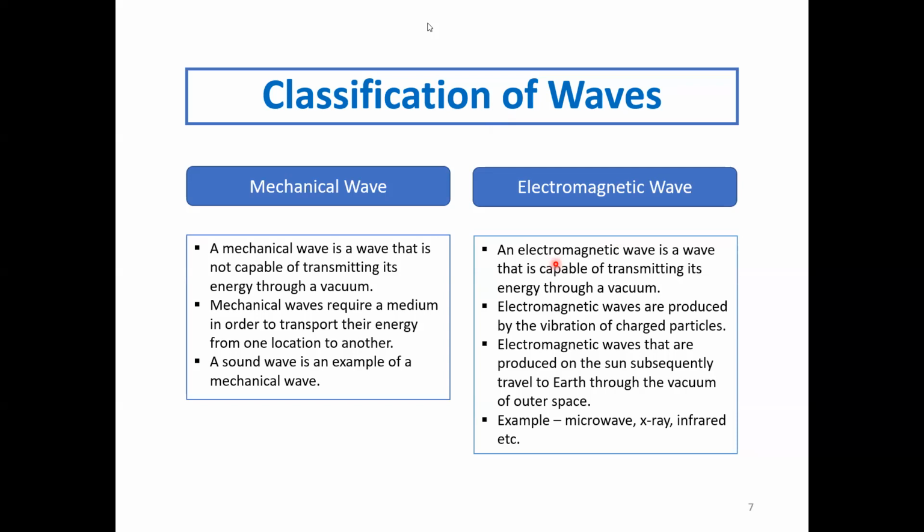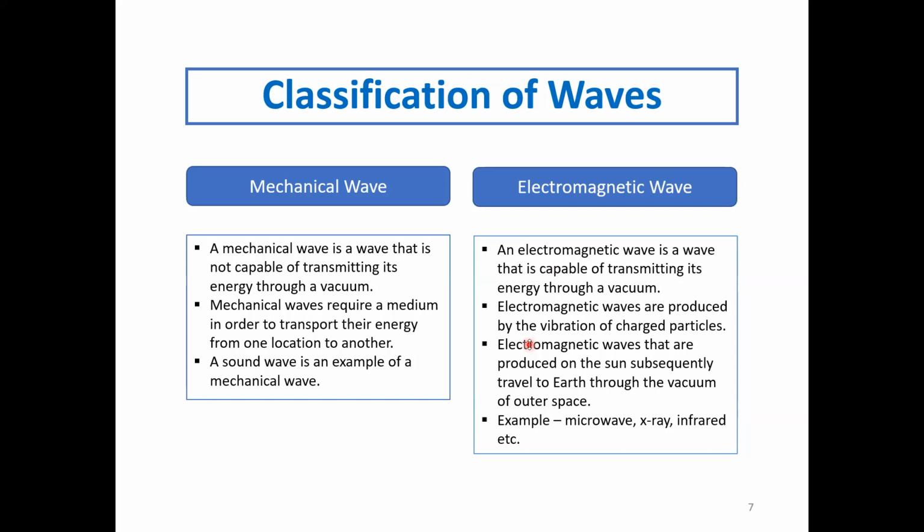Tell me, what is the main difference between mechanical and electromagnetic wave? Mechanical waves are not capable of transmission through a vacuum. They need a medium to transport energy. And an electromagnetic wave is capable of transmitting energy through a vacuum, and it doesn't need any medium.